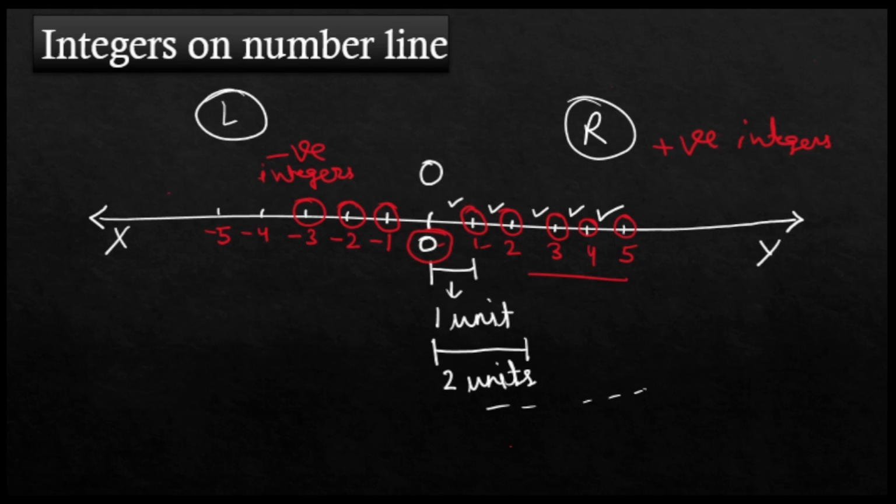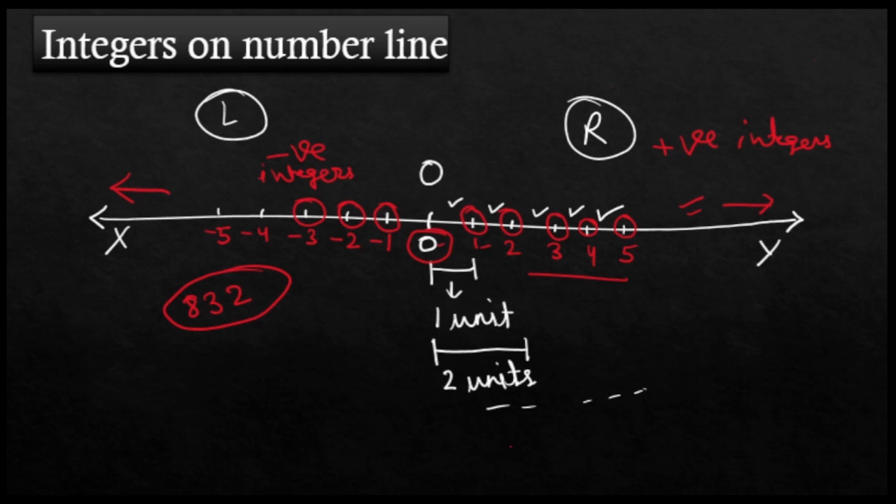We know that the line extends endlessly to both sides, so we can represent any number. For example, we have to represent 832 on the number line. How will we do this?